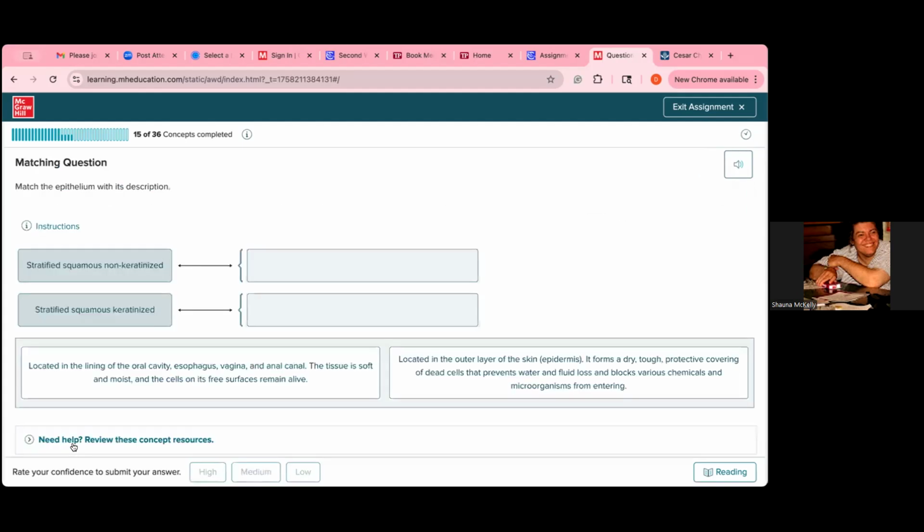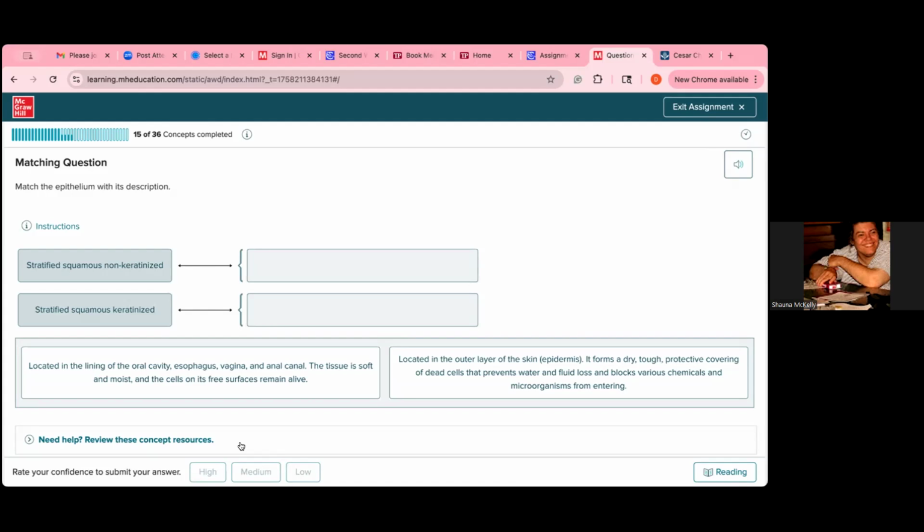Okay, match the epithelium with its description. So they have stratified squamous non-keratinized and stratified squamous keratinized. Located in the lining of the oral cavity, esophagus, vagina, and anal canal, the tissue is soft and moist, and the cells on its free surfaces remain alive.